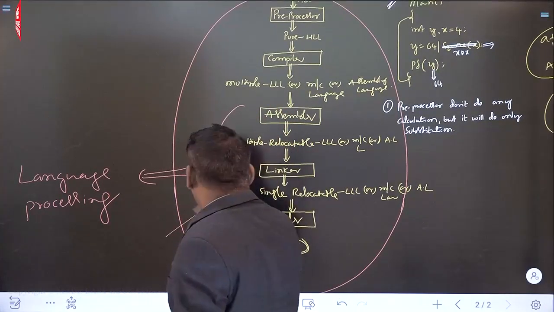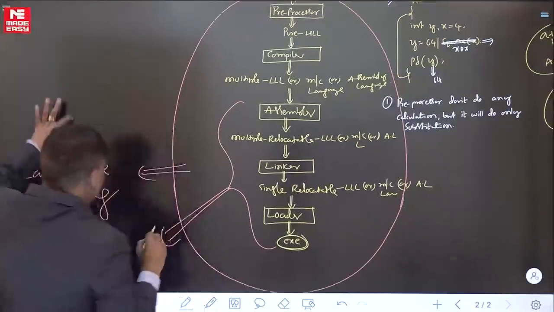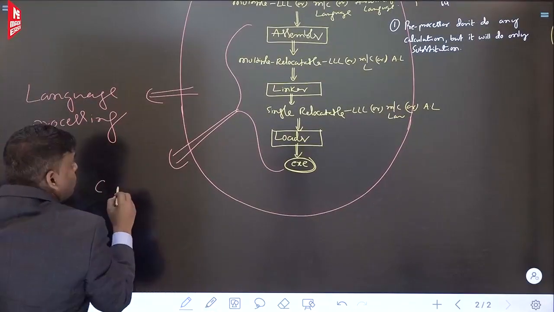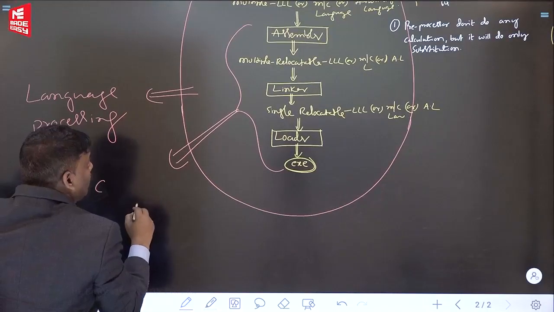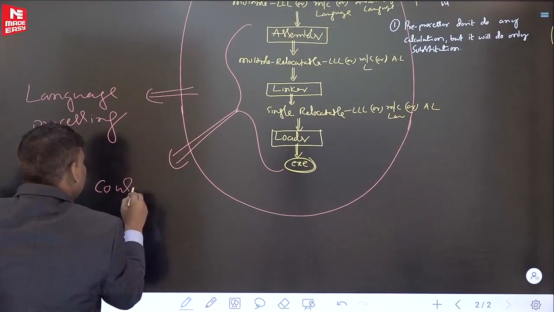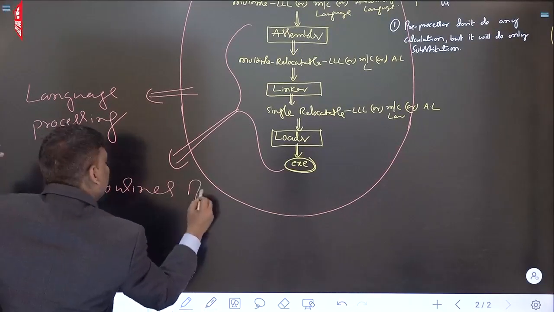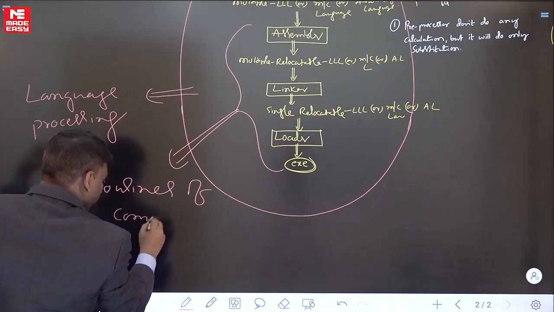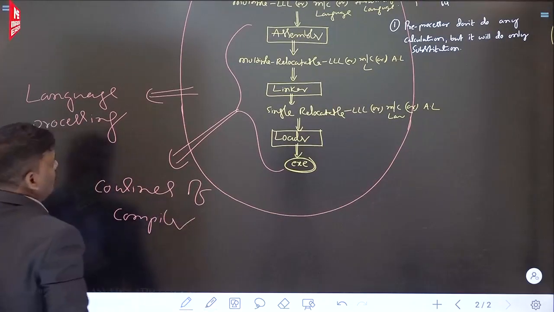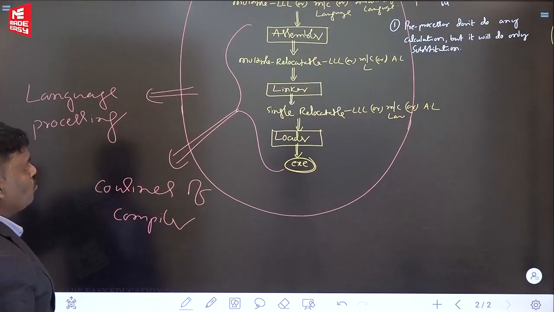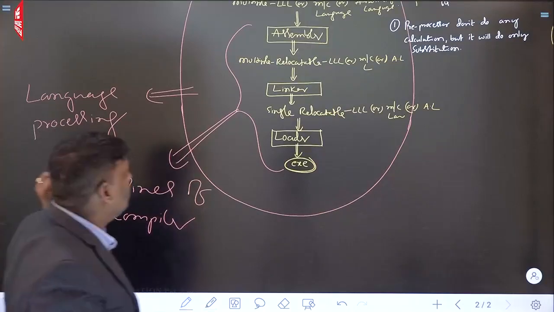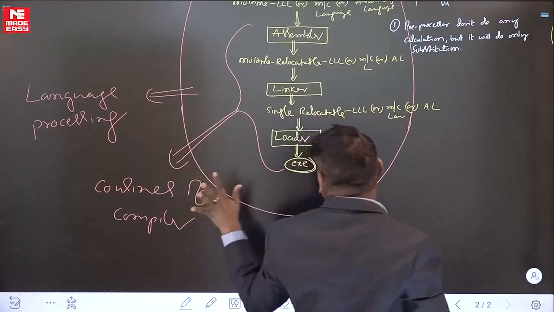These are known as cousins of the compiler. In language processing, after compilation, whoever will come, those are known as cousins of the compiler. Those are the assembler, linker, and loader.